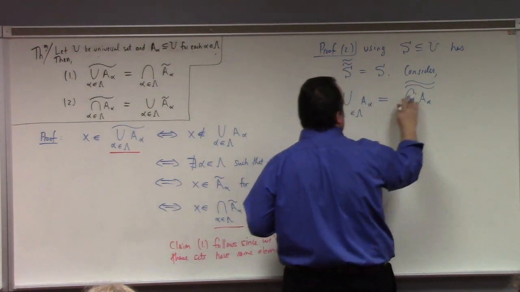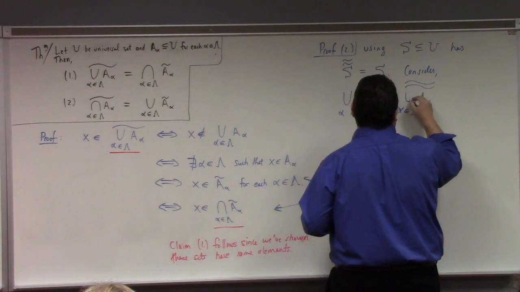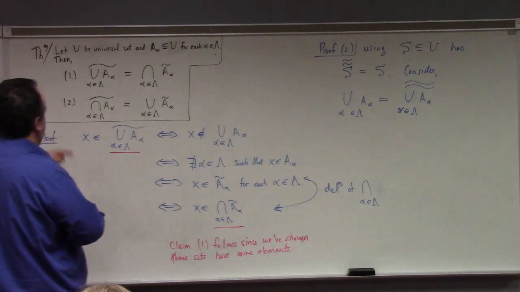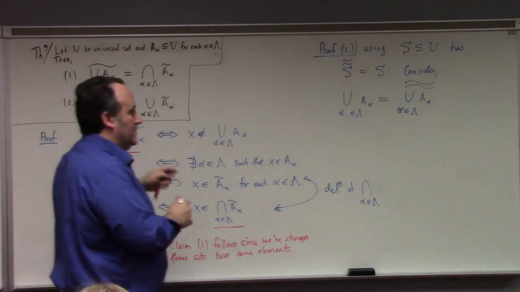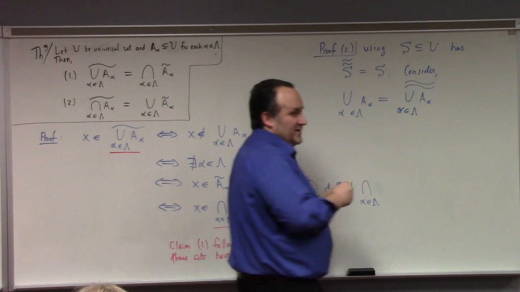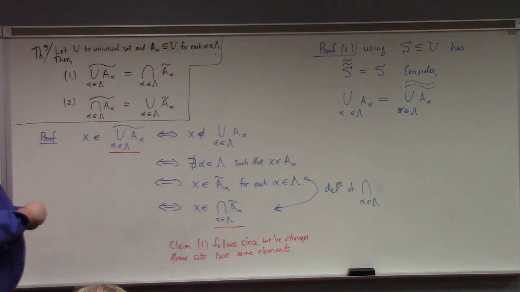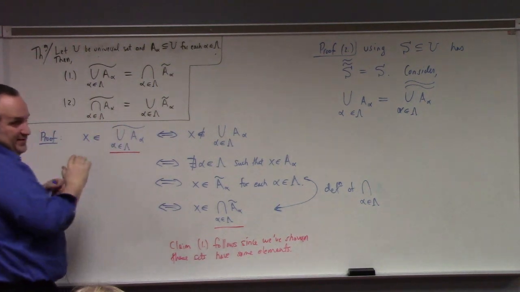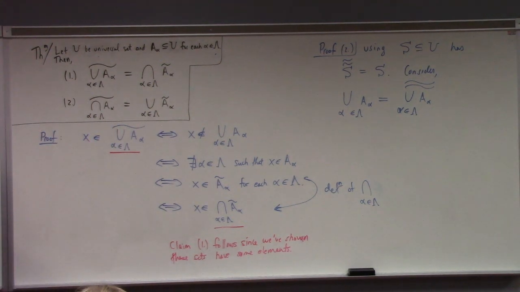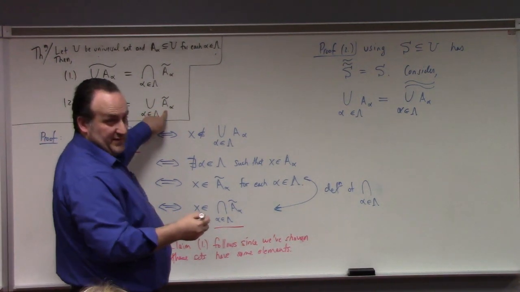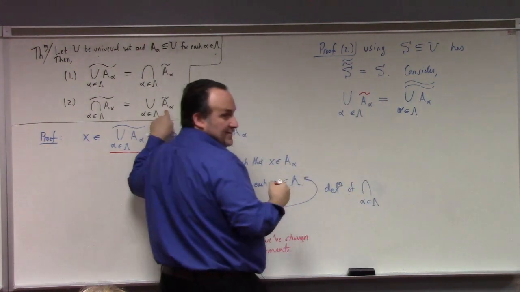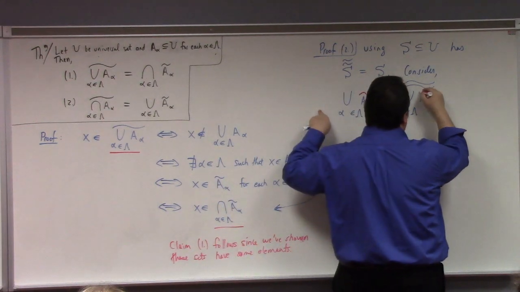If I start out with the union, I like that. All right. Then what? Then I can use 1, right? So I think I need to start out with the union, but I need to be sneakier than that, because what I'm after for the proof of 2 is the union of the complements. Let me be slightly more sneaky, which is to start out with what we're trying to prove, this, and complement this thing.